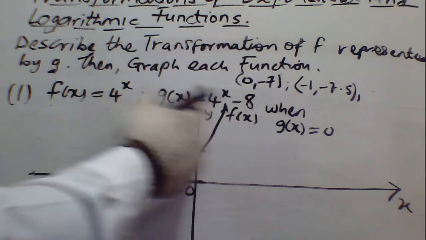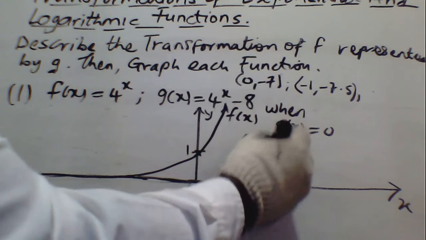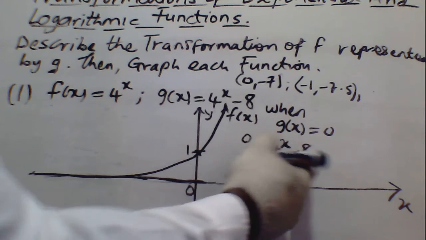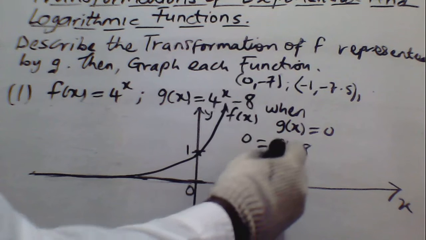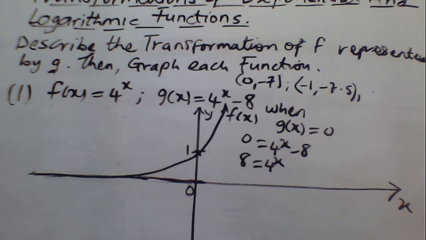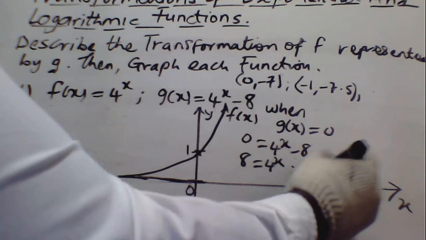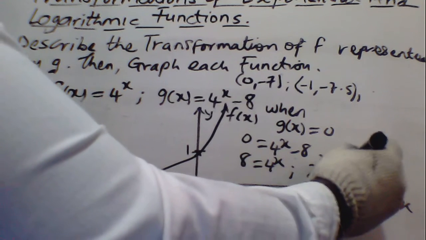So we can have here 0 equals 4 raised to power x minus 8. Minus 8 crosses the equal sign, we have 8 equals 4 raised to power x. You solve the indices, this will give us 2 raised to power 3 equals 2 raised to power 2x.